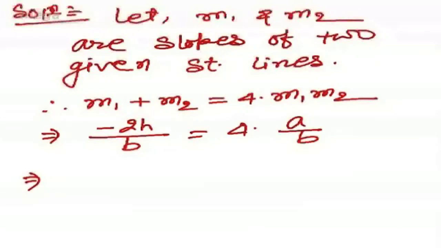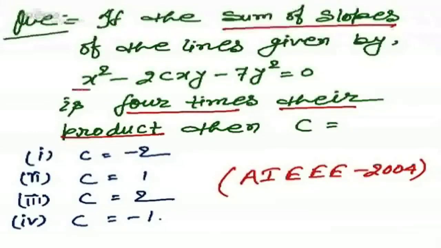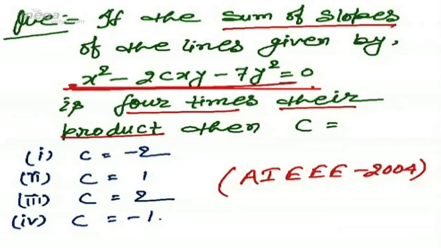Now student, from the given equation, a is 1, h is minus c, and b is minus 7.